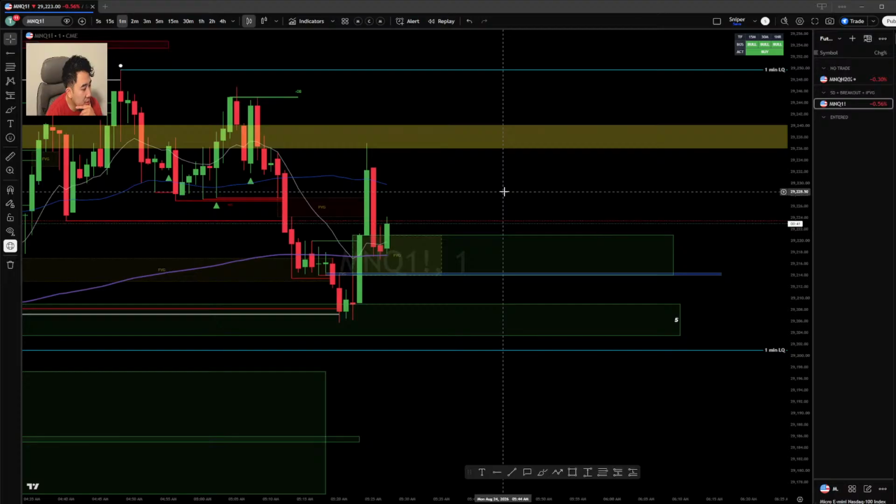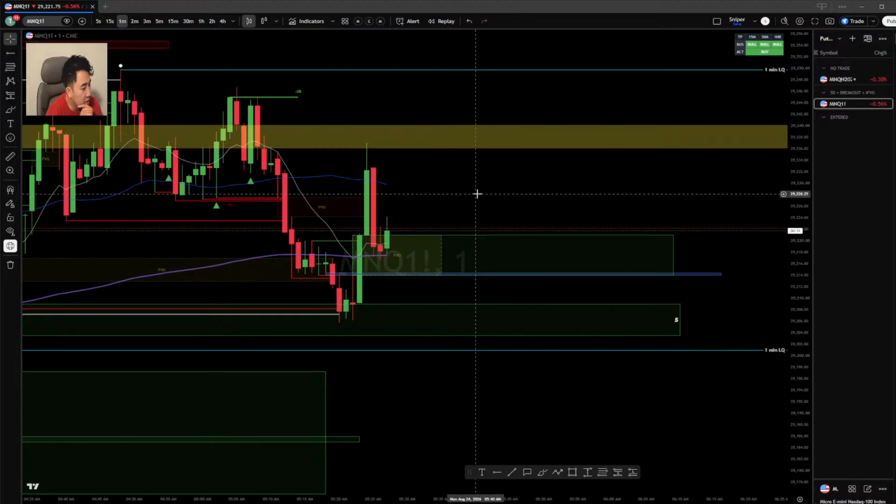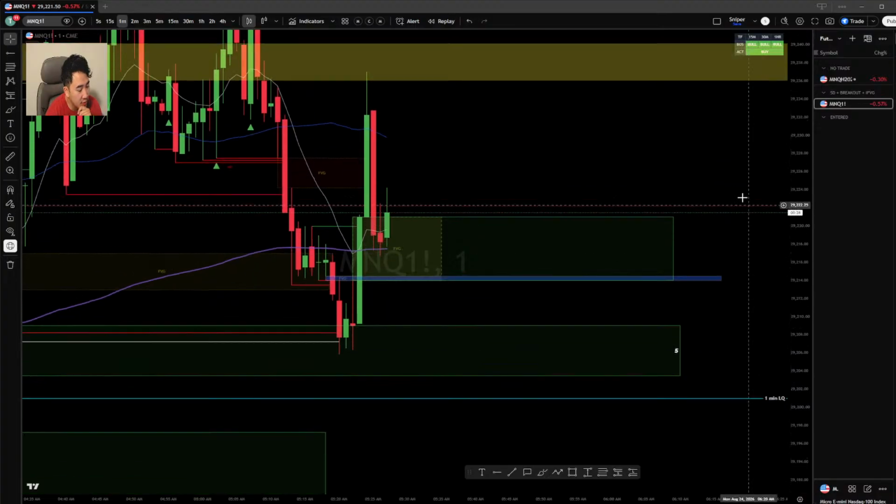On the 1 minute, we're still bearish overall. One minute we're bearish, so I wouldn't be looking to take a trade for longs off of this bullish FVG here.